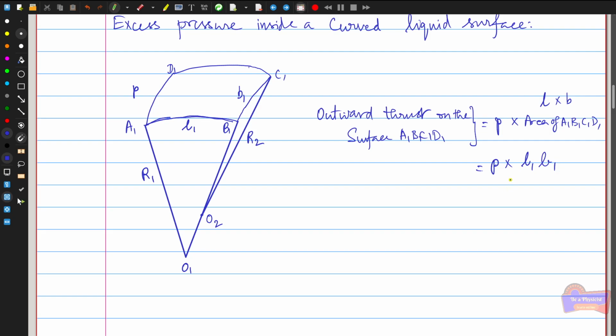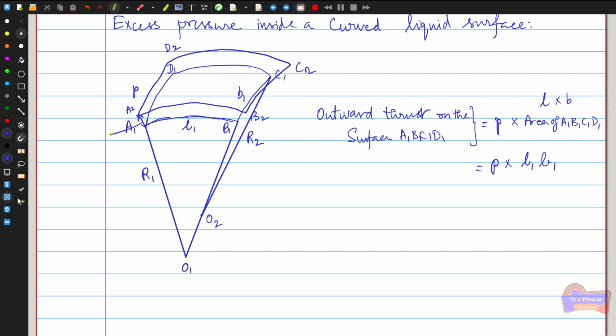Now if we consider that this surface is moved upwards by a very small distance Δx, then A1B1C1D1 moves in the upward direction like this. This is the moved surface, taken as A2, B2, C2 and D2, and the distance of the movement is Δx.